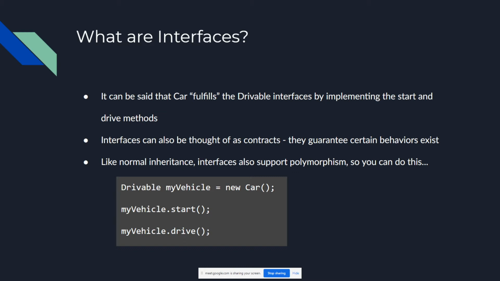Because if I try to use a car object as a drivable, it has to have those start and drive methods. So if you're comfortable with polymorphism already, this shouldn't really be anything new. In your thinking of parent classes, child classes, or superclasses, subclasses, you just include interfaces in that mode of thinking. But if you're not yet quite comfortable with polymorphism, this might be a little more difficult to understand.